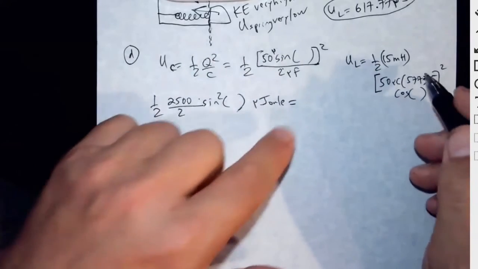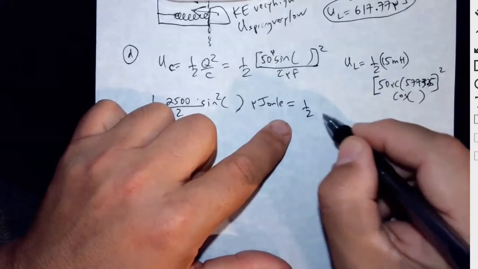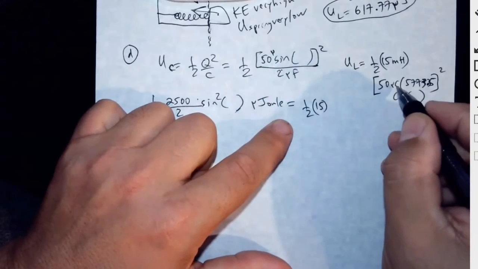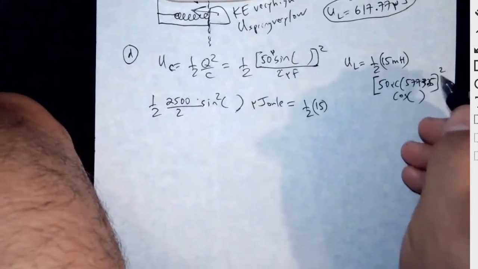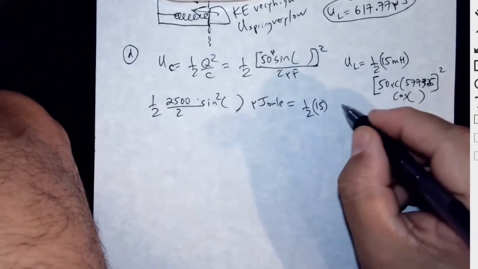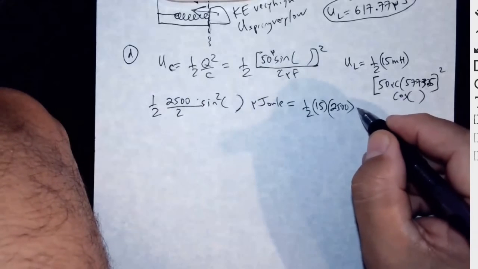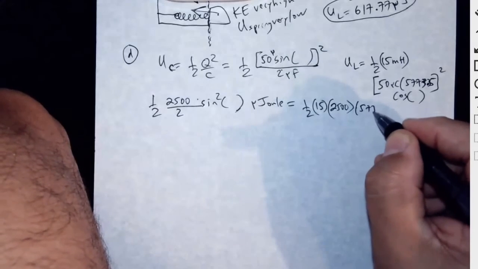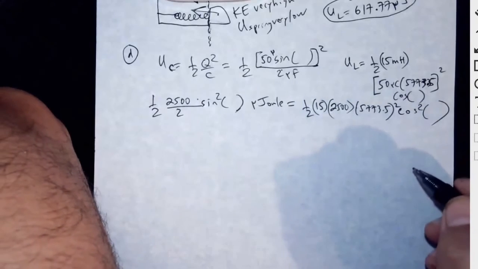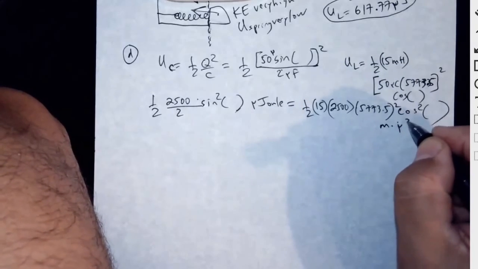And then this one is going to be 1/2, 15, and then this is going to be 50 squared. So this was the current, so 2500 times 5773.5 squared times cosine squared. And then the milli times a micro squared.